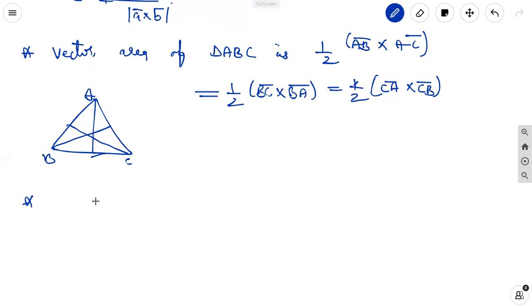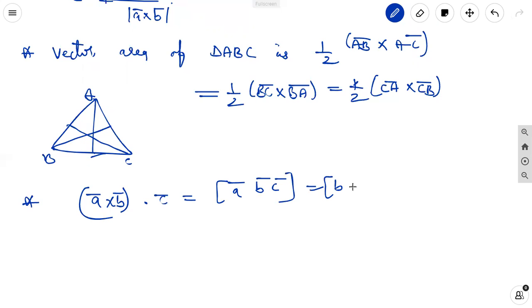Here is one more condition: a vector cross b vector dot c vector is the volume of the vectors a, b, c. It is equal to [b, c, a], which is equal to [c, a, b]. These are all the same.